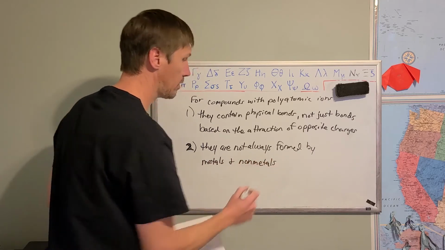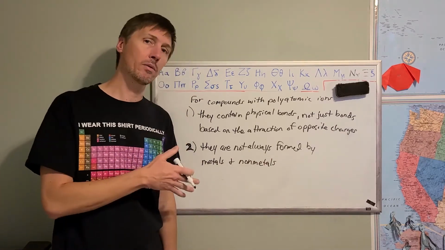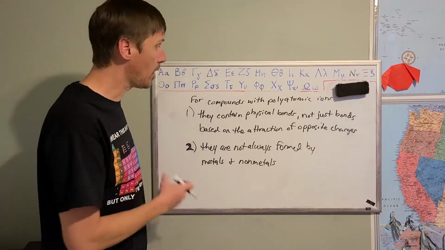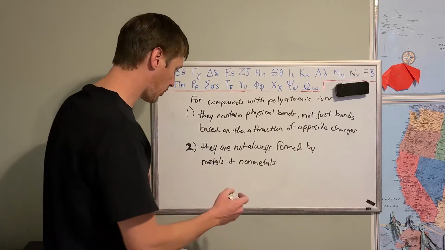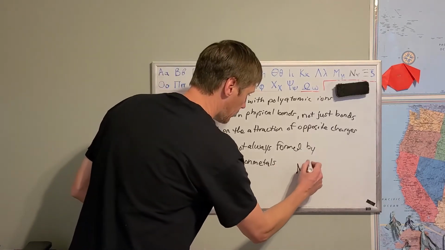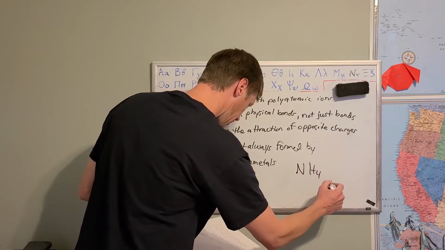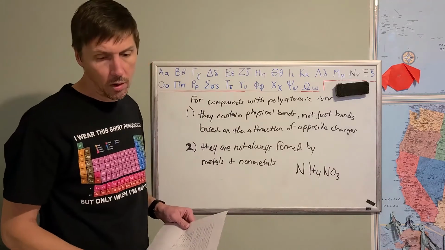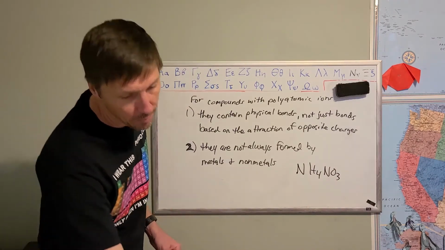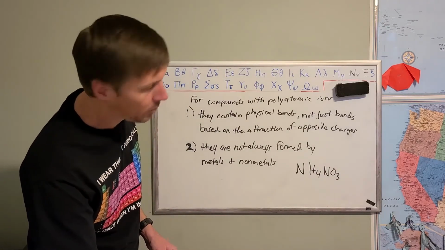So in all of our ionic compound examples, we had a metal combined together with a nonmetal. That will not always be the case with polyatomic ions. Take, for example, this compound, NH4NO3. If you look again at our table on page 245, you'll see that both of those are contained within that table.